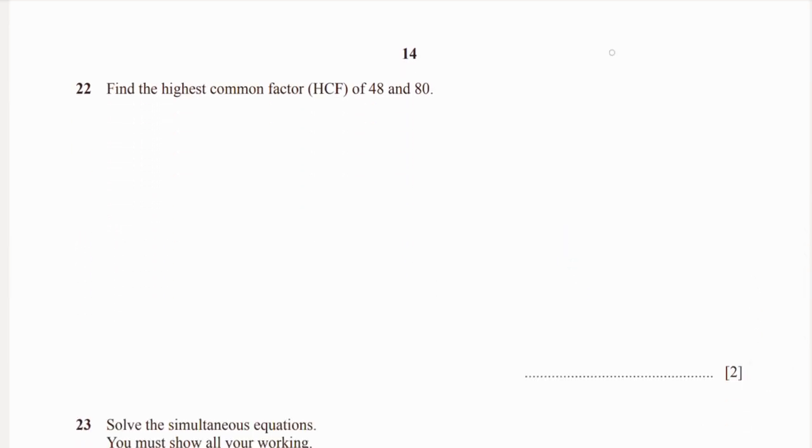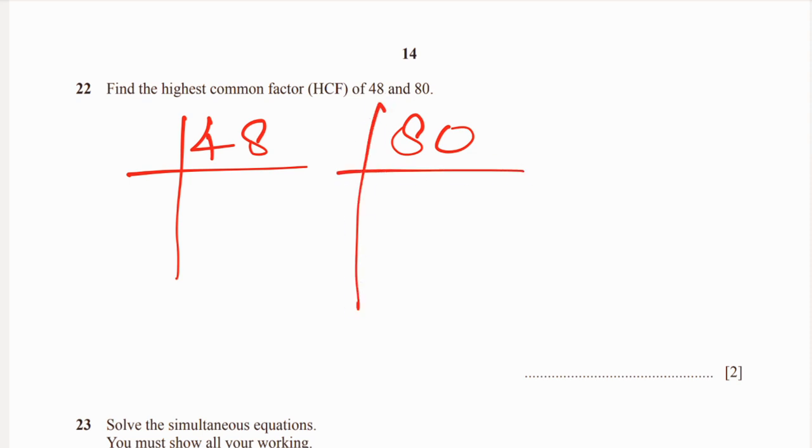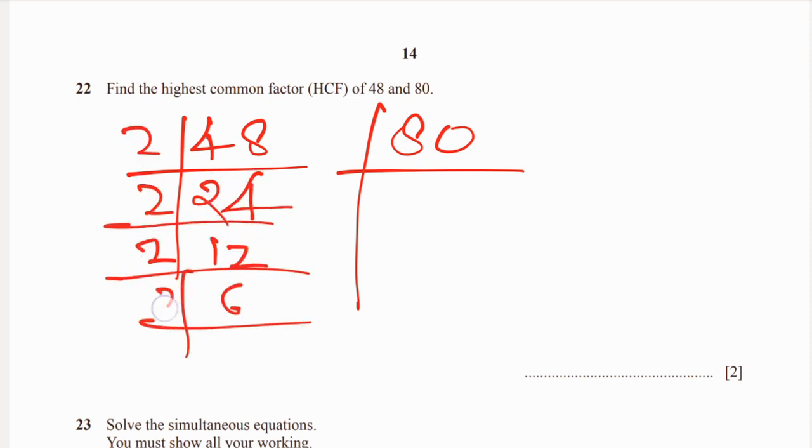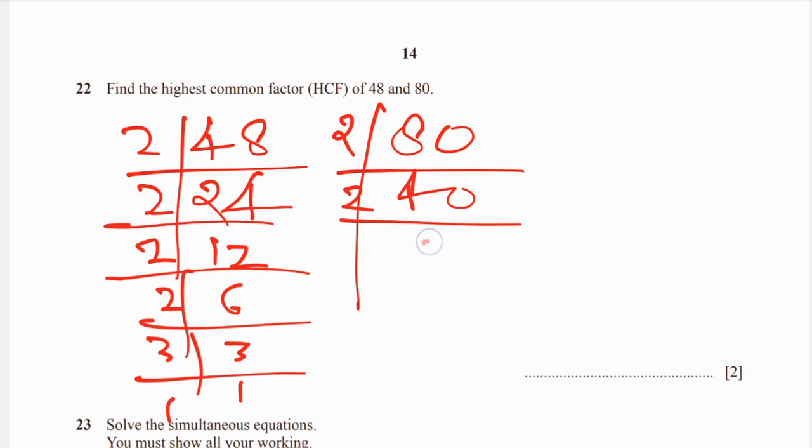Find the highest common factor of 48 and 80. So 48 and 80, the numbers written above, we just find all the factors. I'm giving you two methods. The simplest method is just divide by 2, again 2, again 2, again 2.